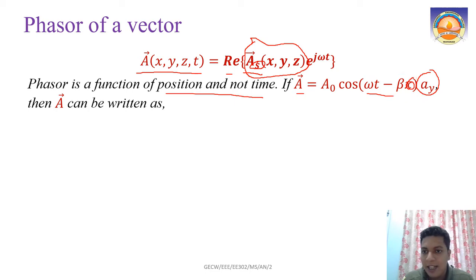Here A0 is a constant, and inside cos you have omega t as well as beta x. Whenever t comes, your vector is varying with respect to time, and whenever you have the beta x term, your vector is varying with respect to space also. That is what we mean here.